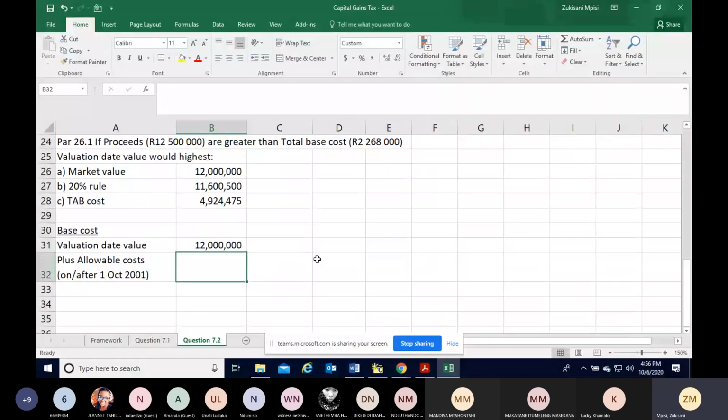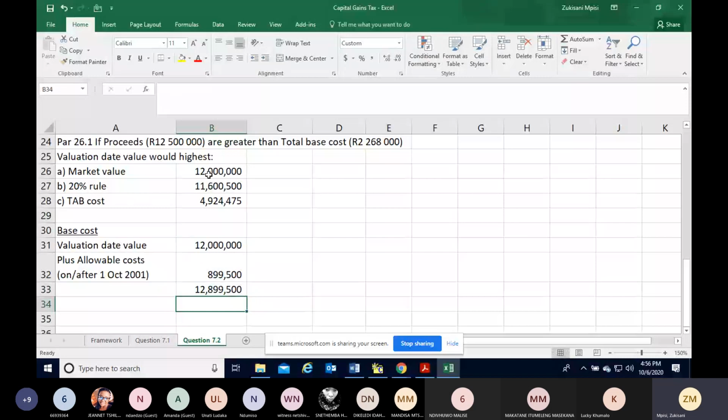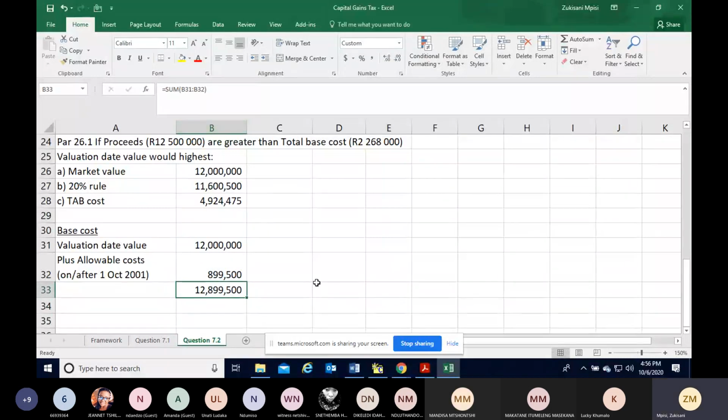We've got the allowable cost, which is 899,500. So that is what your base cost is.